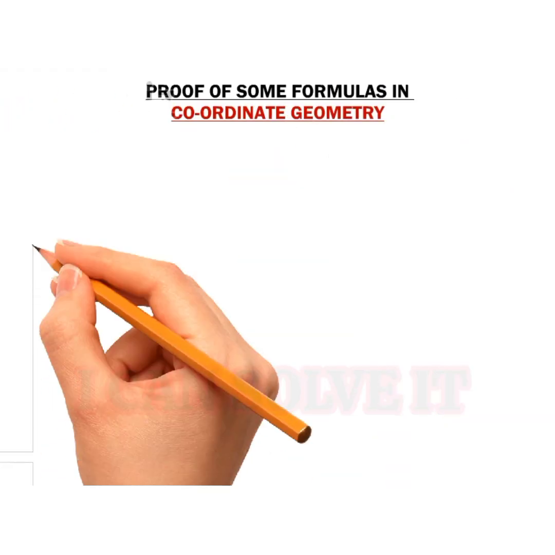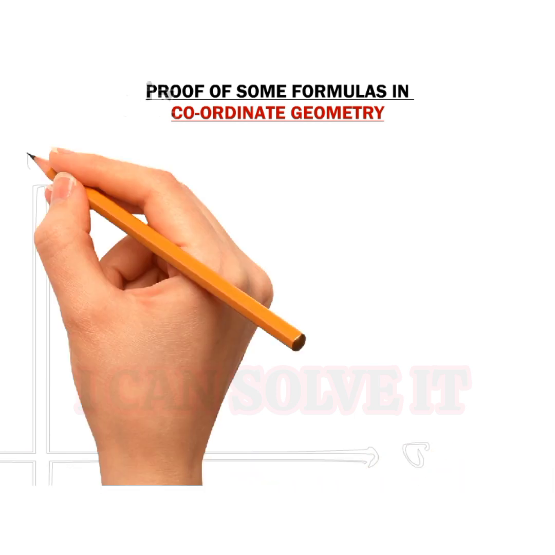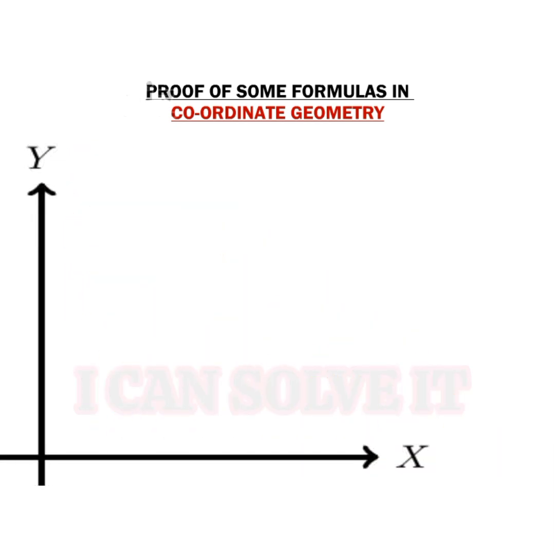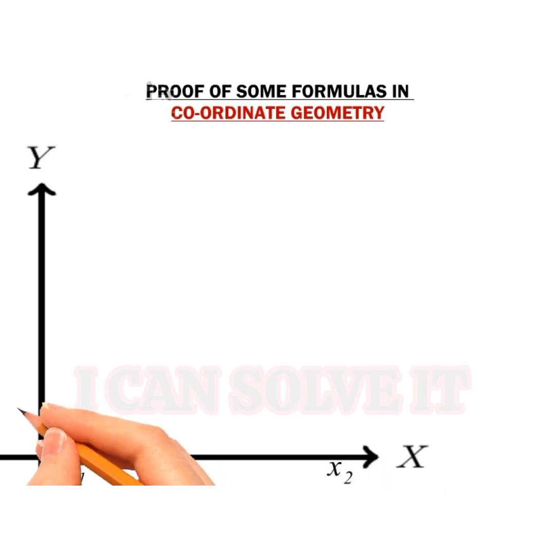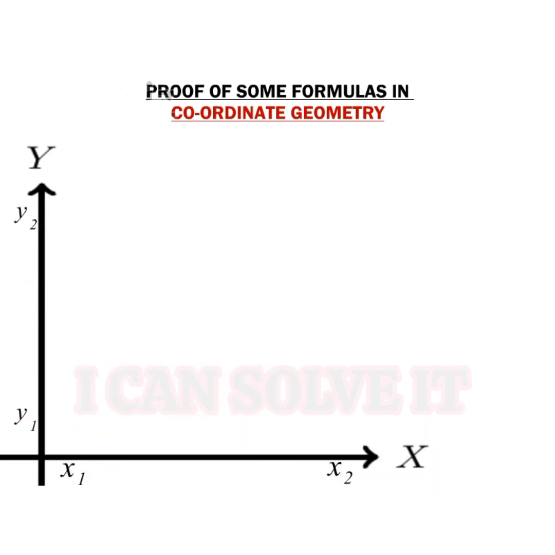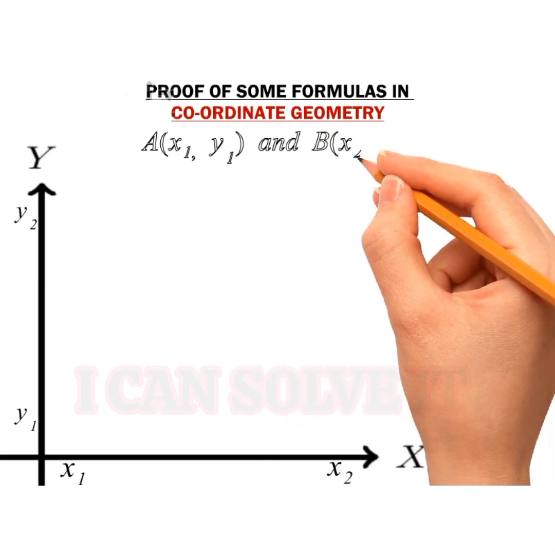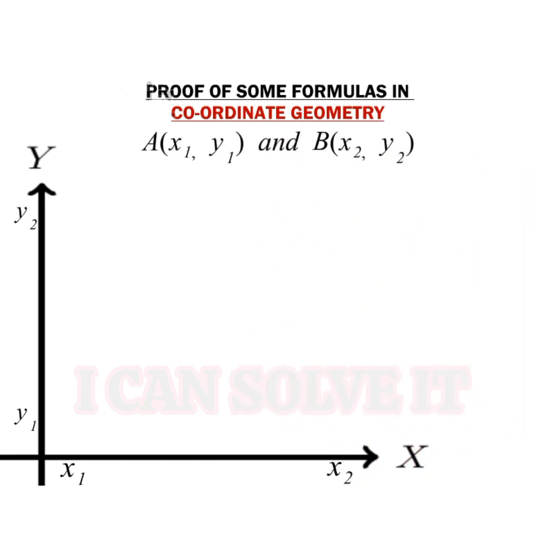Let's see how we can prove the formula for the internal division of a straight line. We start by plotting the curve, with the x and y values included. Assume we have 2 points A and B, say A (x1, y1), B (x2, y2). Locate the intersection of both on the plot.